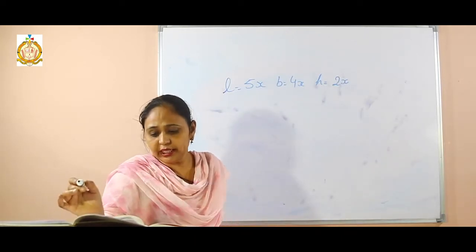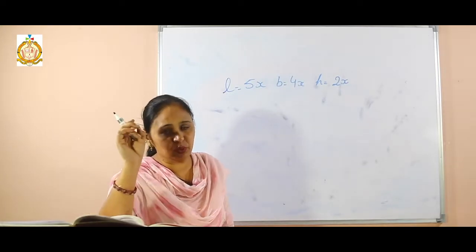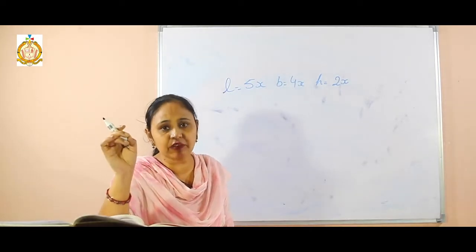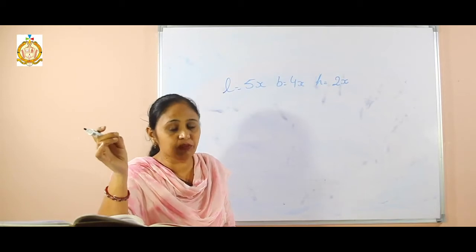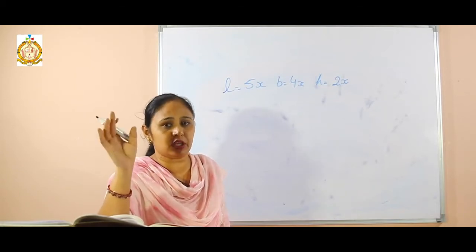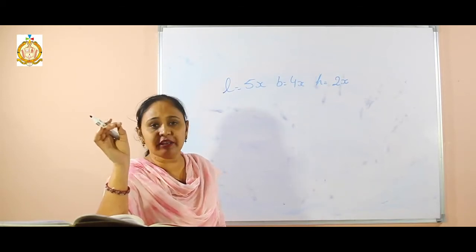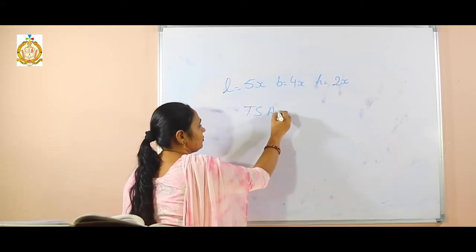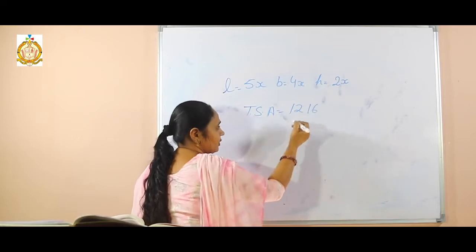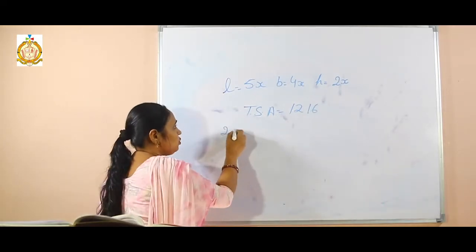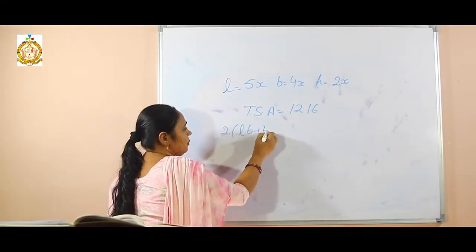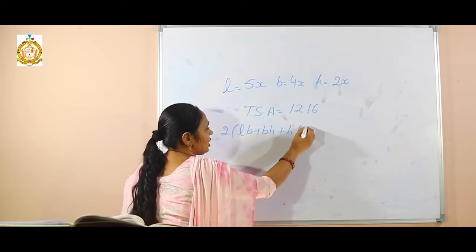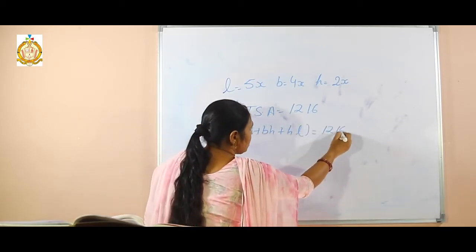Then it says that the total surface area is given. We have to understand whether total surface area or lateral surface area is given, and apply that formula according to the given value. Now the total surface area is given 1216. I will apply the formula 2(LB+BH+HL) equals 1216.